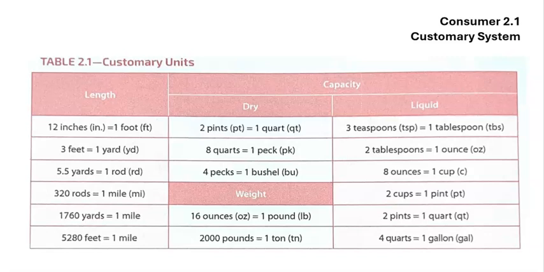I do want you to notice that in the capacity, we've got 8 ounces equals 1 cup, but in weight, 16 ounces equals 1 pound. Capacity is how much you have of something, that would be the liquid capacity. In weight, it's how heavy something is. So 16 ounces to a pound is not the same as 8 ounces to a cup.